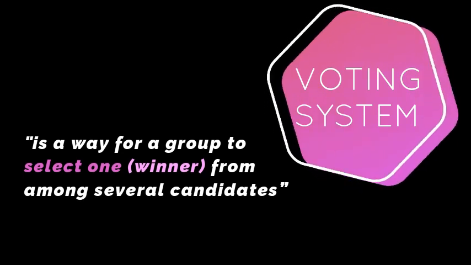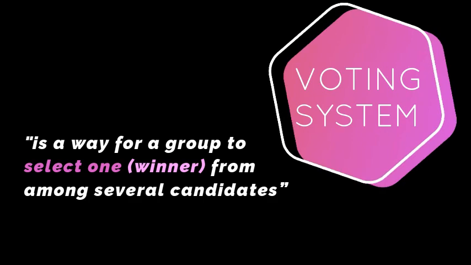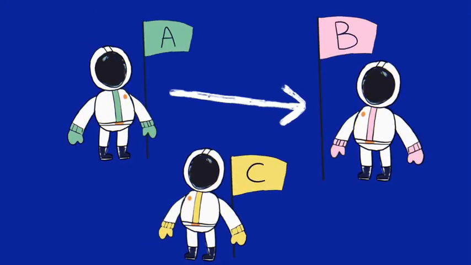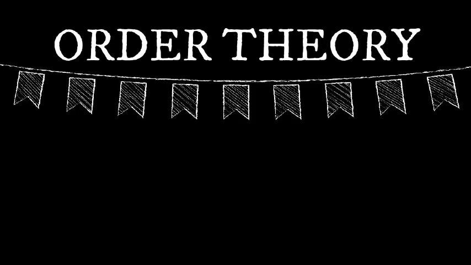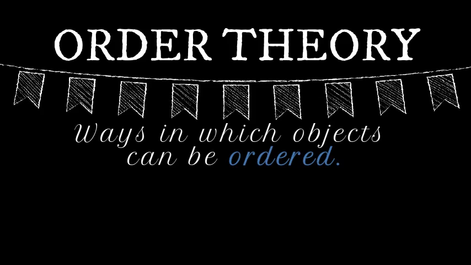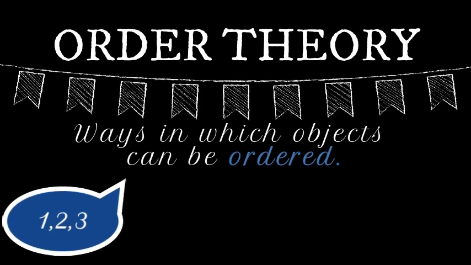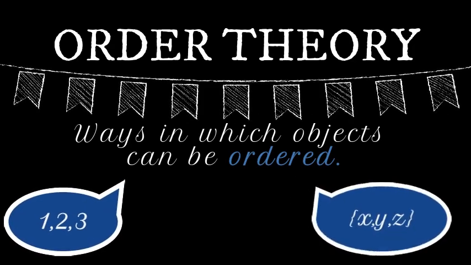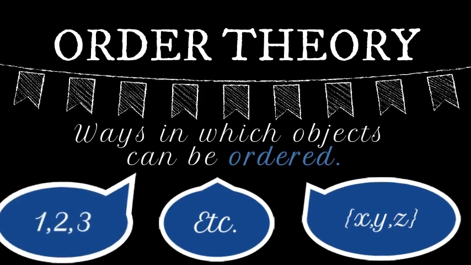A voting system is a way for a group to select one winner from among several candidates. The mathematical concept underlying voting systems is that of order. There is an area of mathematics called order theory that studies ways in which objects can be ordered, from simple ordering of integers from smaller to bigger, or ordering of subsets of a set via inclusion, to more complicated relations.